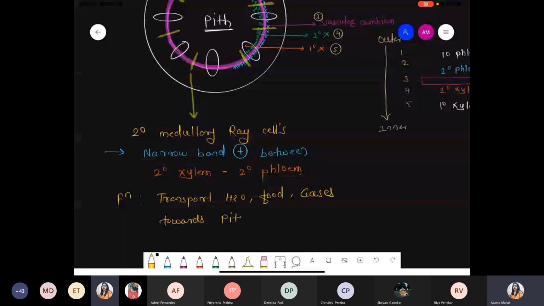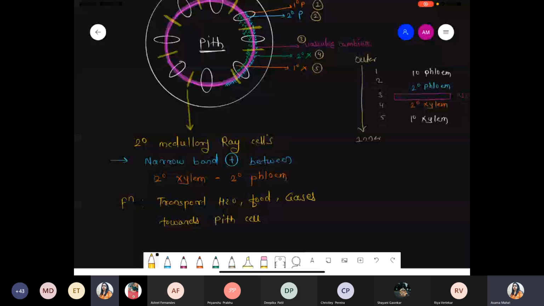Because pith cells are living cells, parenchymatous in nature. So obviously, if they are living and parenchymatous, they require water, gases, and food. But due to secondary growth, secondary xylem is formed, and we'll discuss that part. Secondary xylem is also called wood formation.